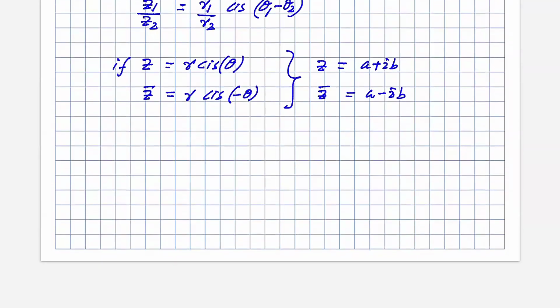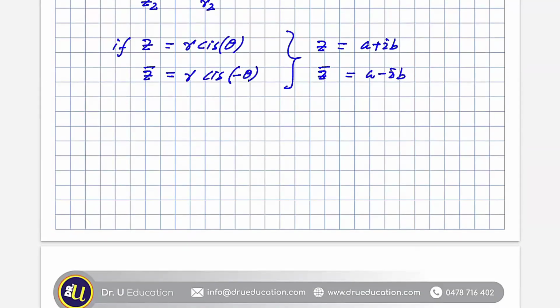Now, how do you visualize it pictorially? In this way. So r sin theta, it's here. So theta is going to be this thing.